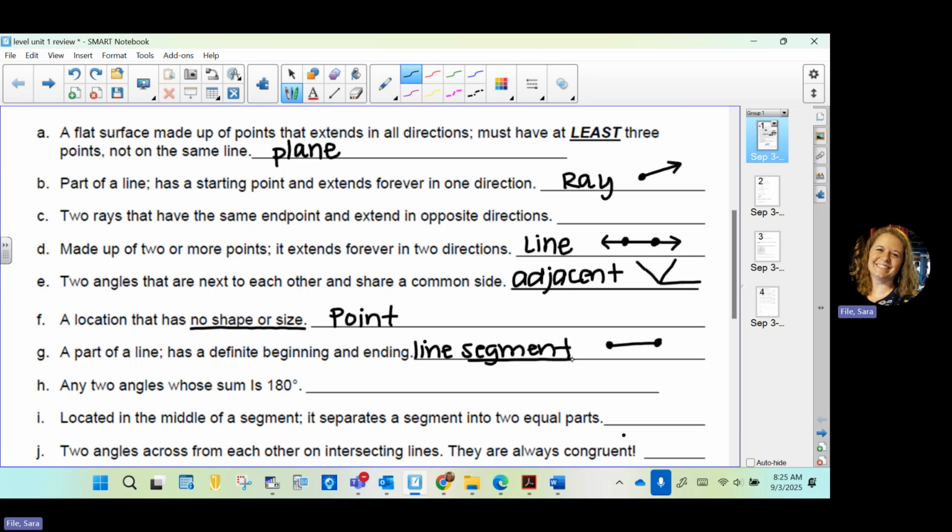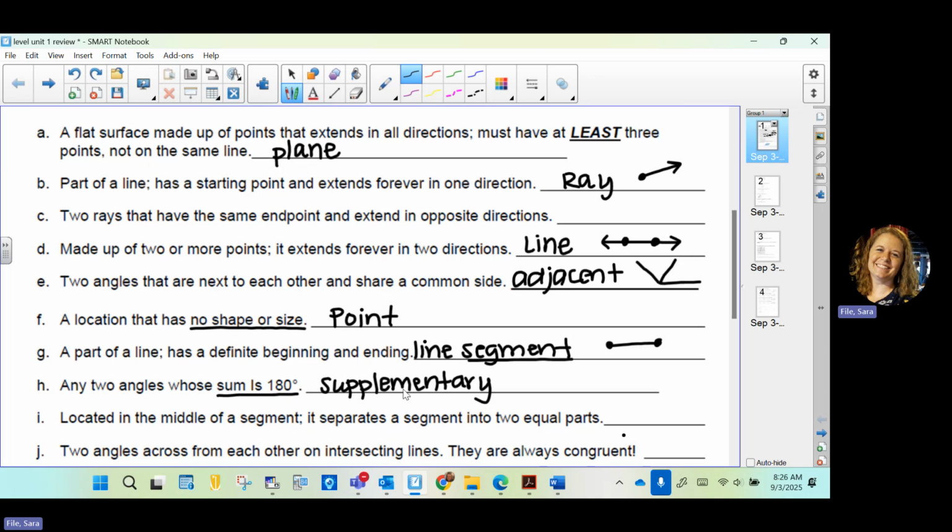Any two angles whose sum is 180: supplementary angles add to 180. Remember the memory tricks I tried to help you with for supplementary and complementary, because people get those confused. If you do a 180, that's turning around, half a circle.